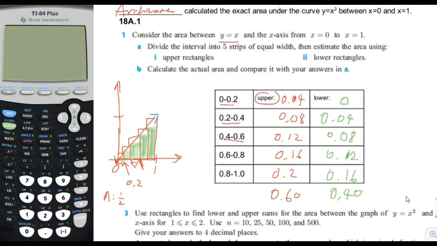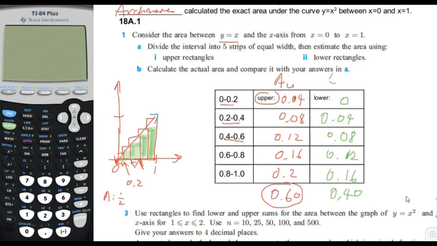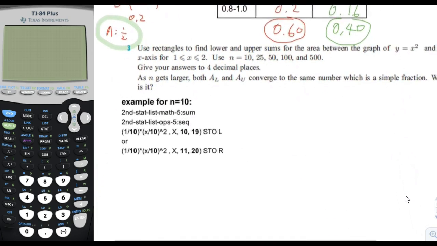Okay, so we can see that the upper limit would be this, it's A sub U, and the lower limit would be 0.4. And the actual number, the correct answer is A equals a half, so it happens to be halfway in between those two. Okay? So, let's move on to number 3.